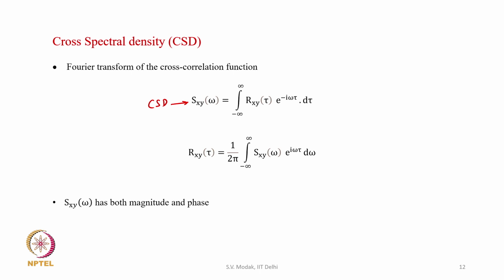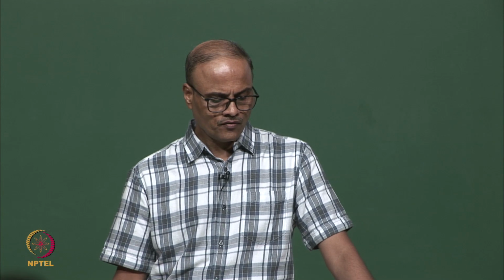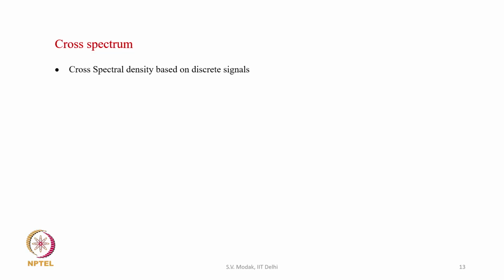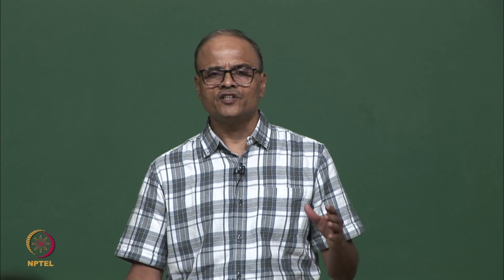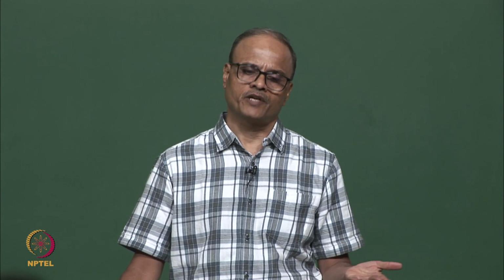So, as we said, cross spectral density has both magnitude and phase. Now we can define what is called the cross spectrum, because if the two signals x and y are discrete, then we can find the cross correlation between them, and that would also be discrete, and then finding the DFT of the discrete cross correlation gives us the discrete spectrum, and that is called the cross spectrum.